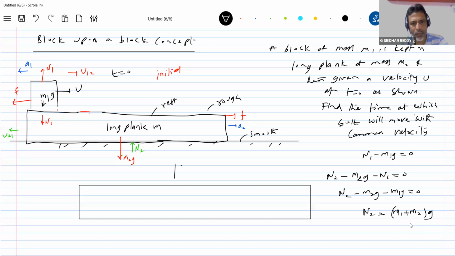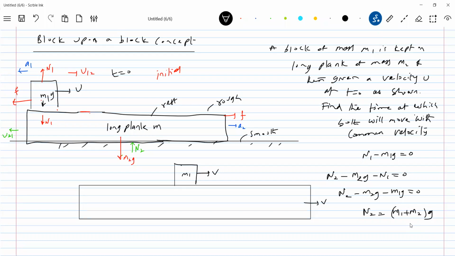Let it come to some position. The speed of the block keeps on decreasing, so let it have one velocity. The speed of the plank keeps on increasing, let it have some velocity.